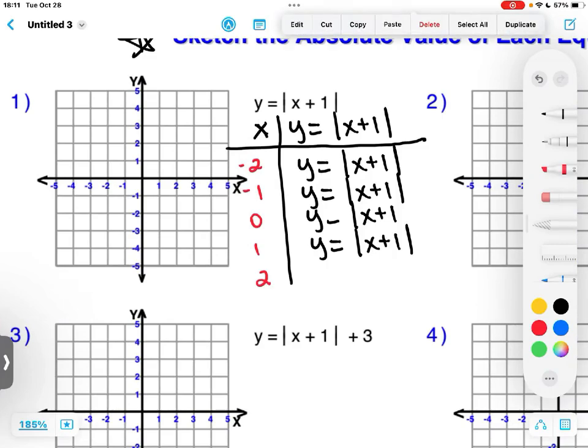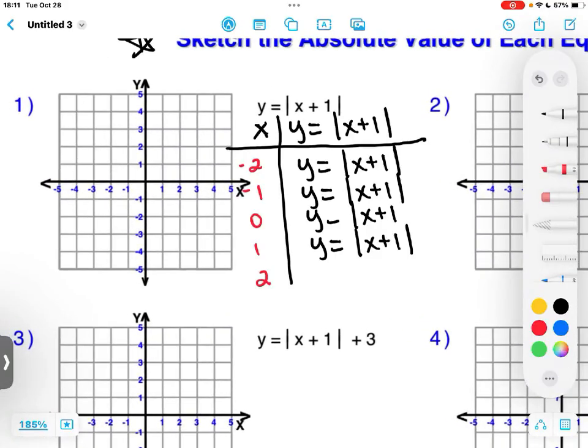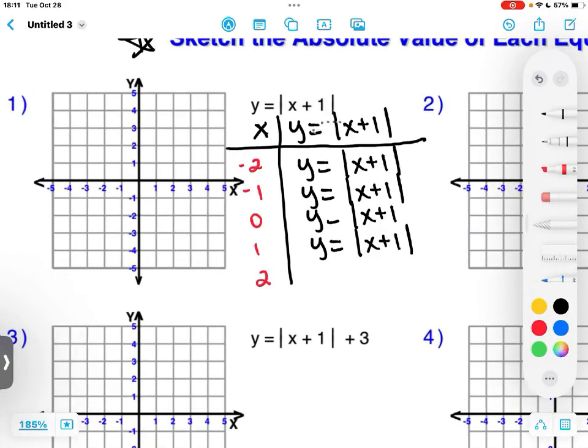Sorry, it keeps on moving around. I don't mean to. Technology is not always my friend. Maybe I'll just write the last one since I'm not going to fight with it anymore. Absolute value, x plus 1.